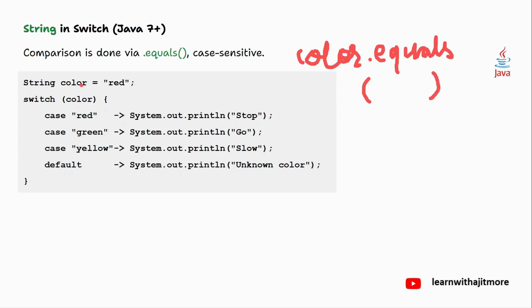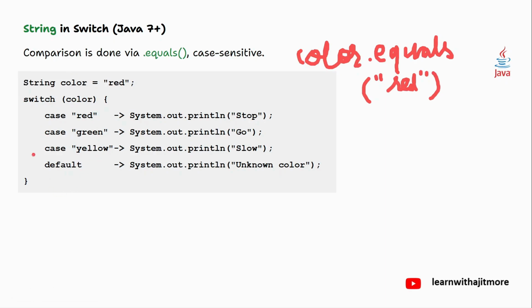Color is also a string object. So color dot equals, and then one time it will pass red. Okay, and if it comes true, it indicates what? That the color value is also red. Red is compared with red. True, it will execute this. But if color dot equals double quote red comes false, then it will try to check with green. Otherwise, it will try to check with yellow. If none of them, then default.